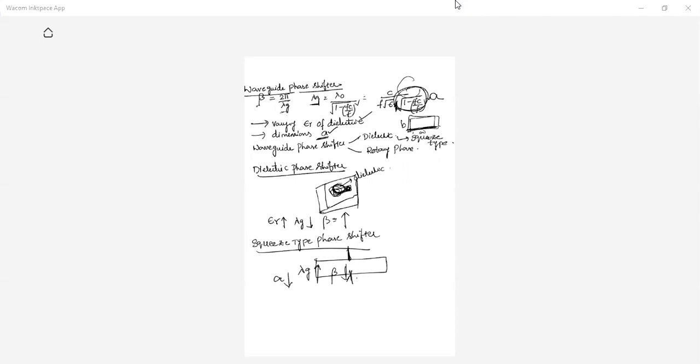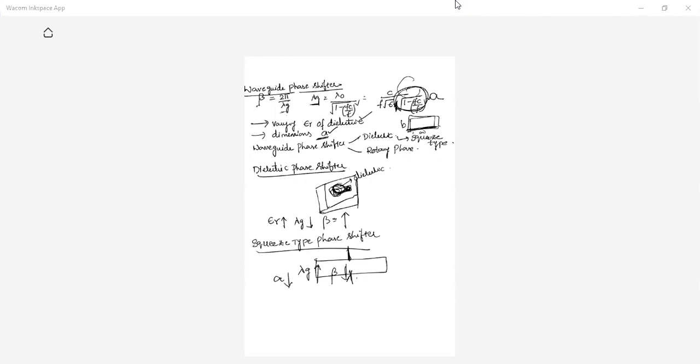By squeezing the waveguide, we can vary the phase shift of the wave. These are called squeeze type phase shifters.